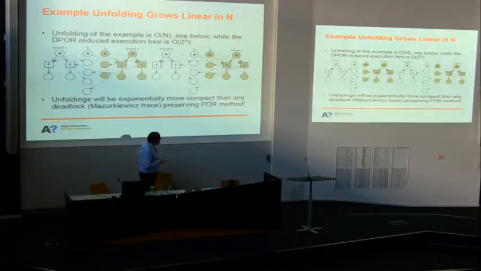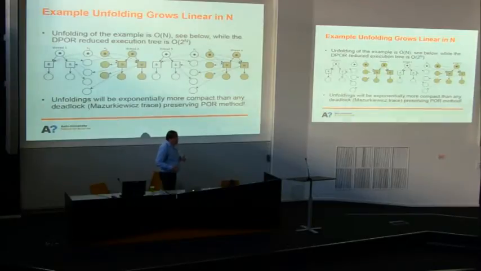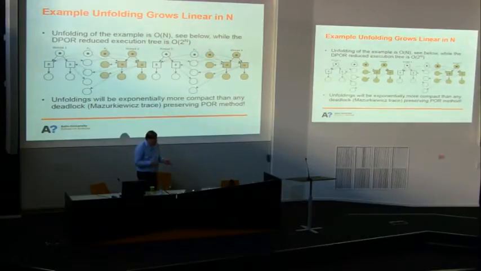And for variable y, either the reading thread 3 goes first and then the write happens, or the writing thread goes first, grabs these, and then the read happens, right? So now if you add more variables, then this unfolding will just grow in width, but not in depth, right?